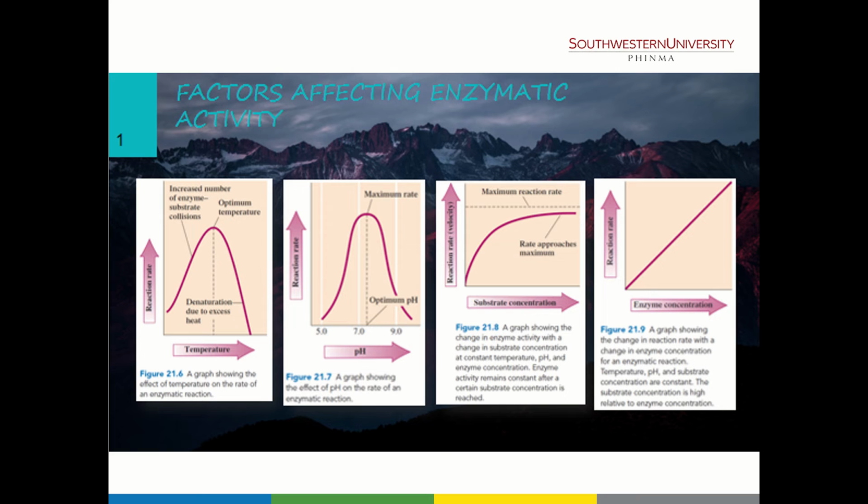For the substrate concentration, you have to remember that the substrate is very independent of the number of enzymes. As long as there is an enzyme, the substrate will continue to become a product. So for example, we have 5 enzymes.